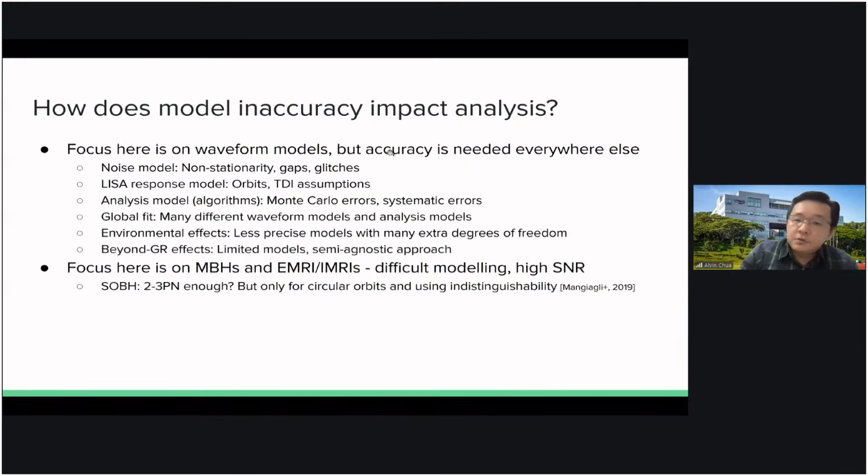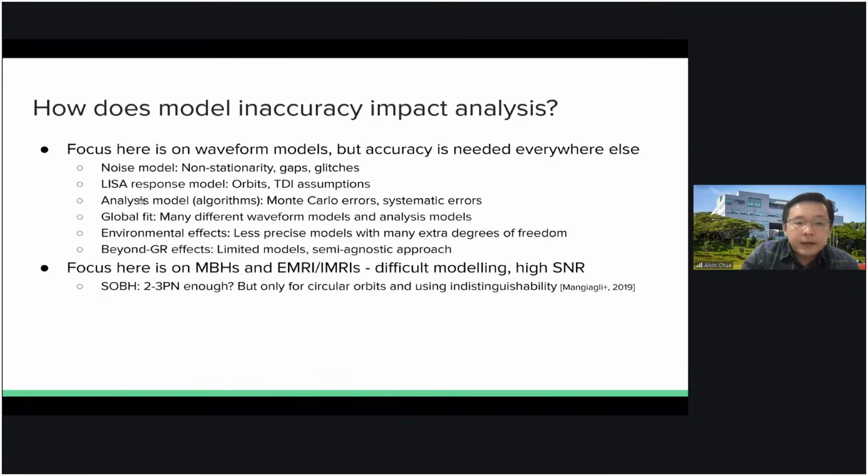You need your response model, your description of the LISA response to a gravitational wave, to be accurate enough. So the orbits of the spacecraft need to be accurate enough to not bias inference, and the assumptions used to build the time delay interferometry observables should also not bias inference.